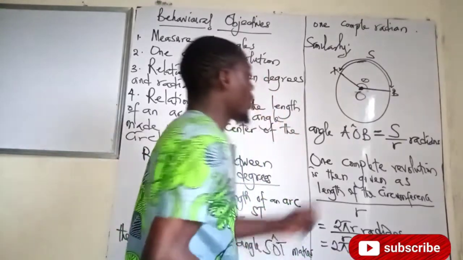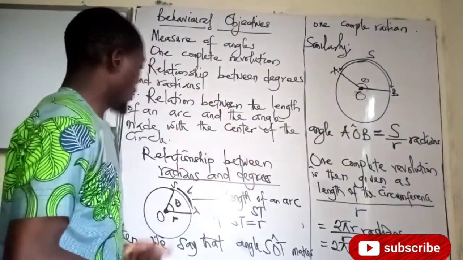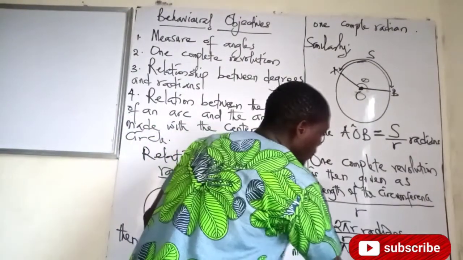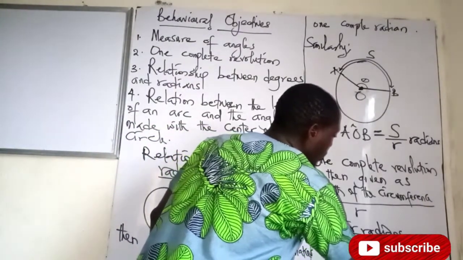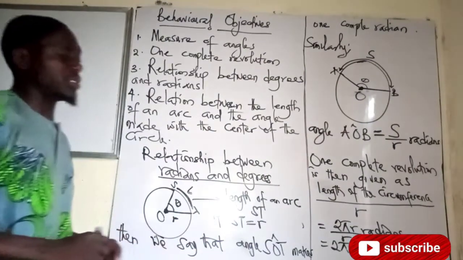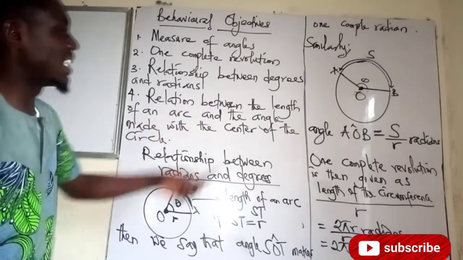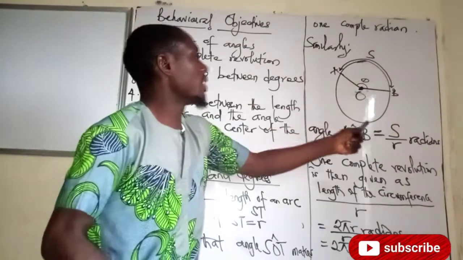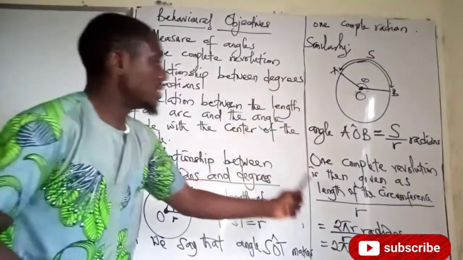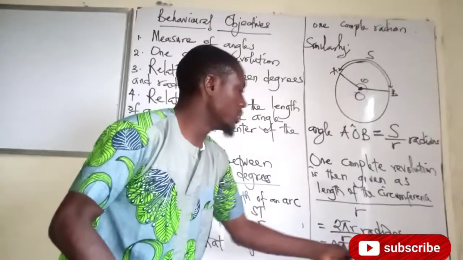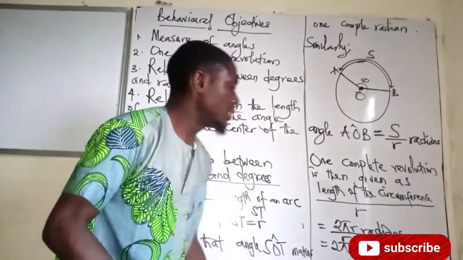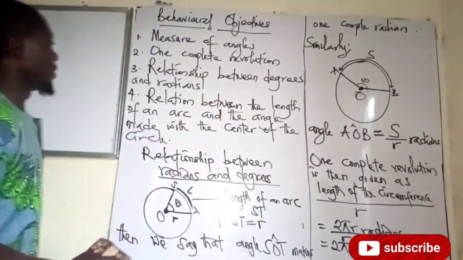And of course, one complete revolution we discussed the other time, we said equals what? 360 degrees. So the complete revolution is given as 2 pi radians equals 360 degrees.